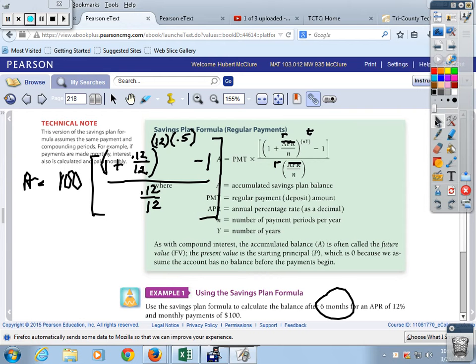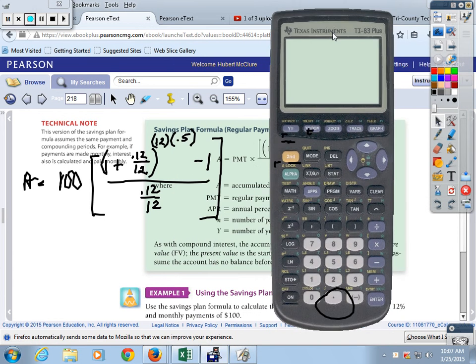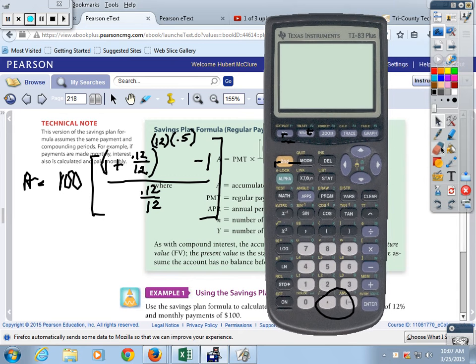So, take our handy dandy calculator, and I'm going to take 0.12 divided by 12, and I'm going to add that to what? 1.